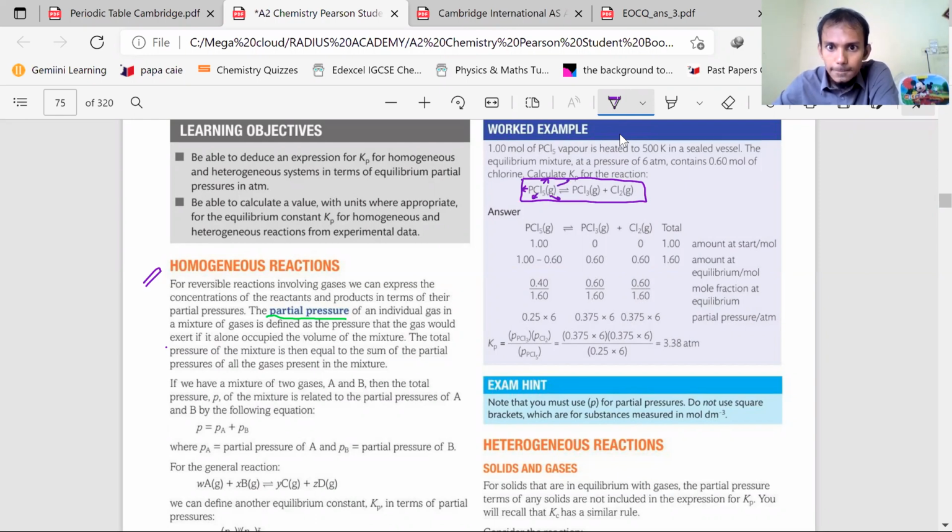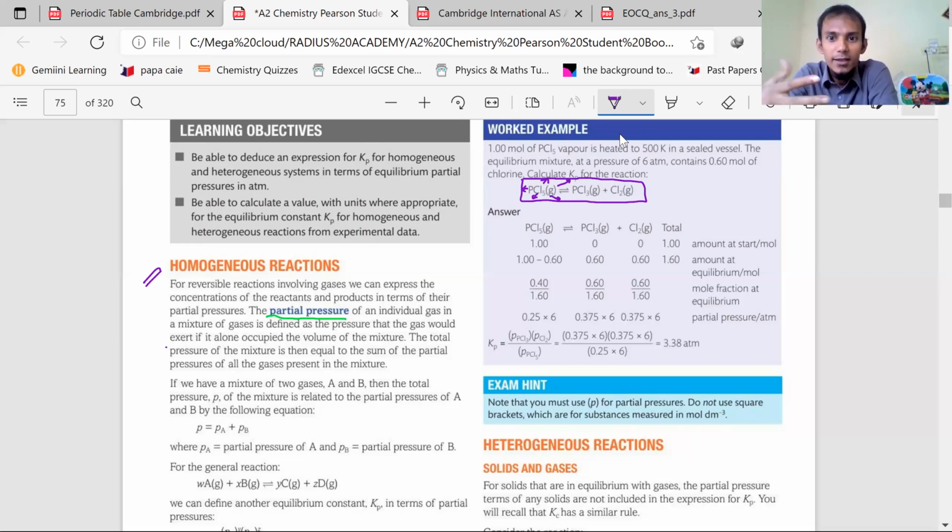Do you understand what I'm saying? This is a reaction where PCl5, PCl3 and Cl2 are present, but if only PCl5 is present inside this reaction vessel, then we know pressure means a gas exerting pressure on the wall of the container.